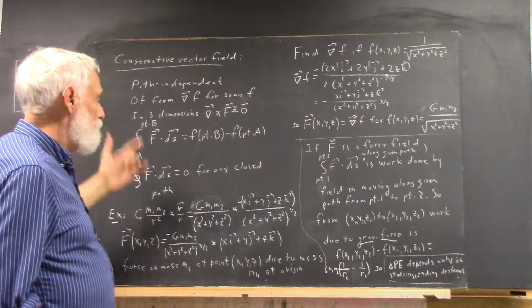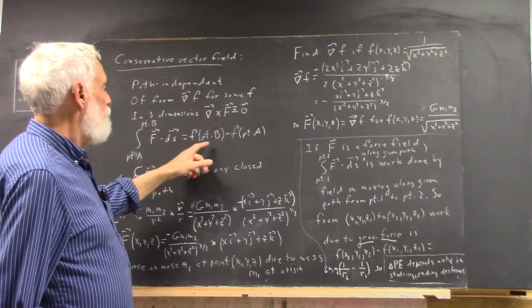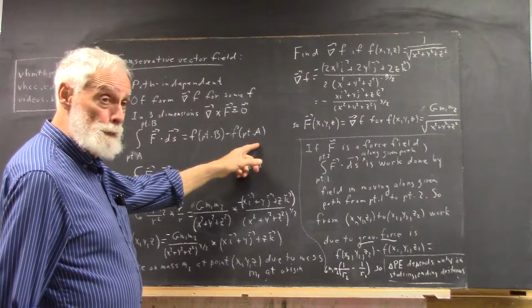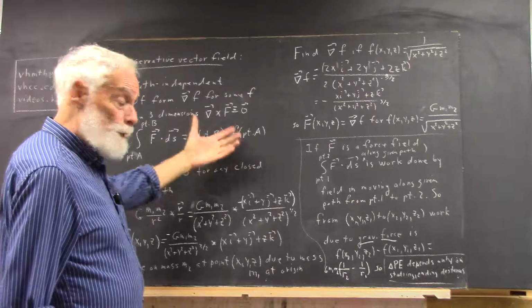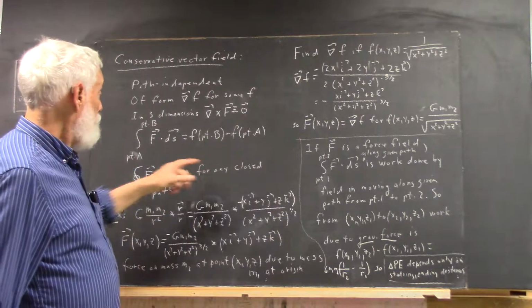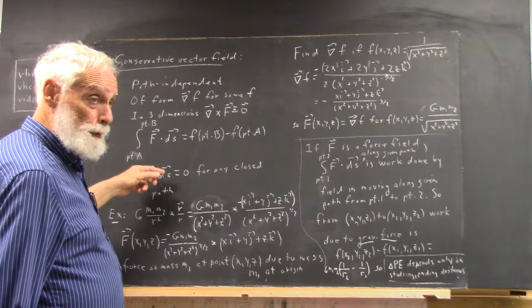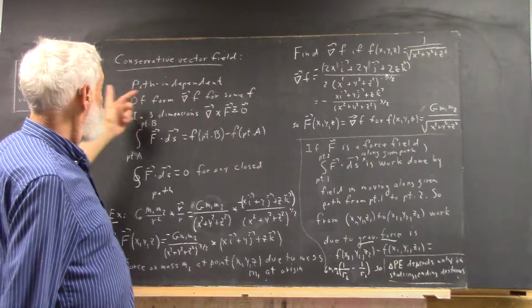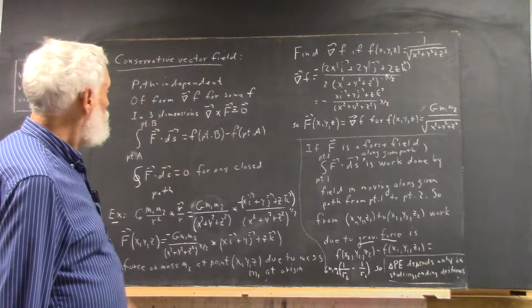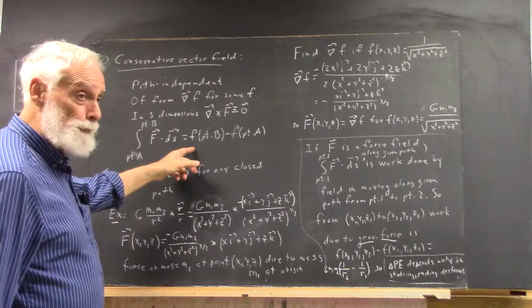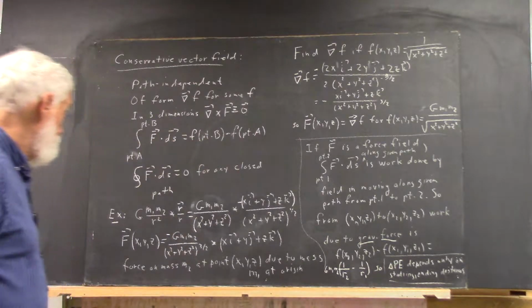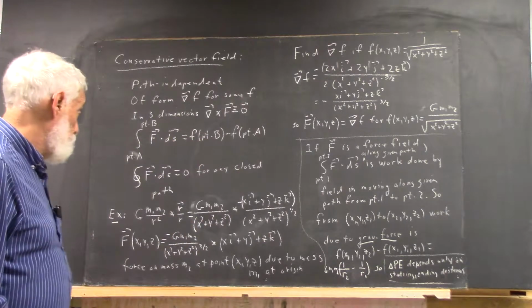And it's equal to little f evaluated at point B minus little f evaluated at point A. So this is like a fundamental theorem of calculus. It's like little f is an antiderivative to big F, because big F is the gradient of little f. Okay, the gradient's like the derivative. So big F is a derivative of this, so this is an antiderivative of this in this sense. And we'll see how that works out too.